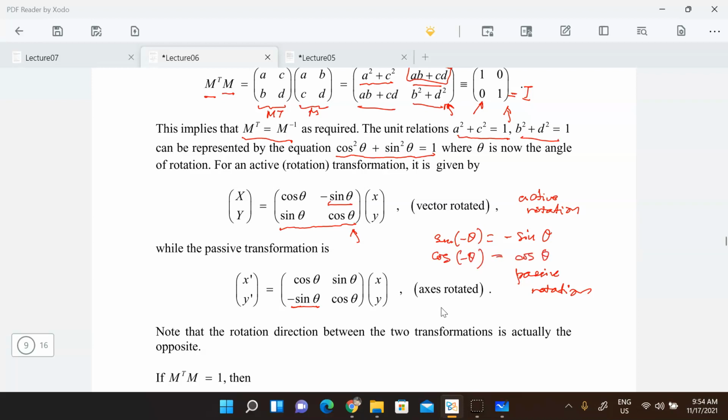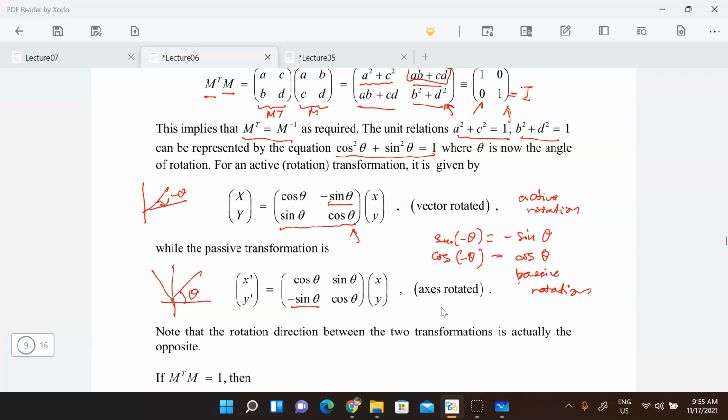Now you can see the relationship. One is turning your rotation in the negative direction, like the one we have seen before, so this is negative theta in some sense, while the other one is with respect to the axis being rotated in this way, so this is theta.